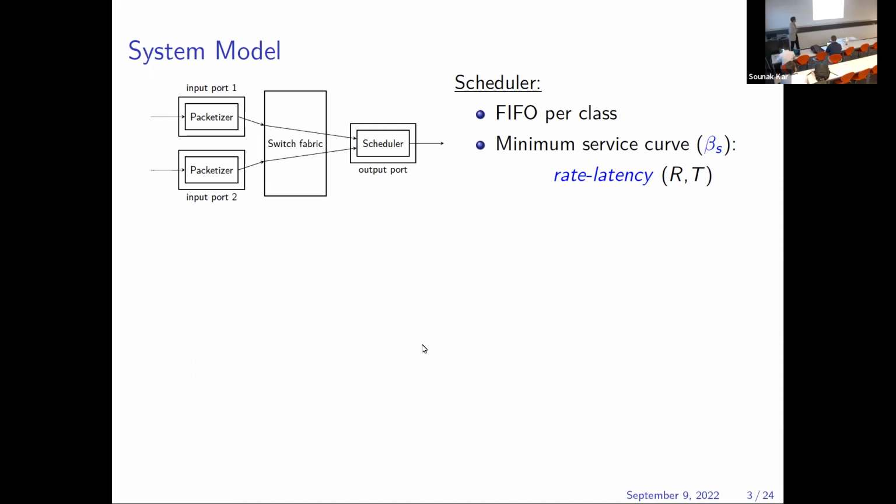Then it is transmitted to the switch fabric, and then to one of the output ports of the device, which is composed of a scheduler. Each scheduler separates the traffic by class, and in each class, we assume a FIFO policy, first in, first out.